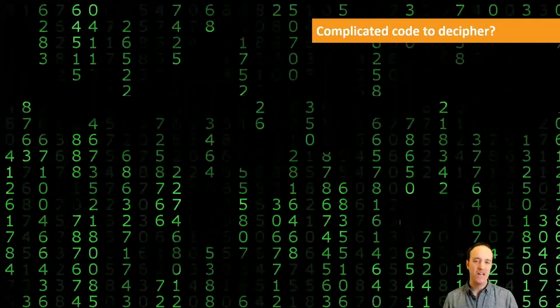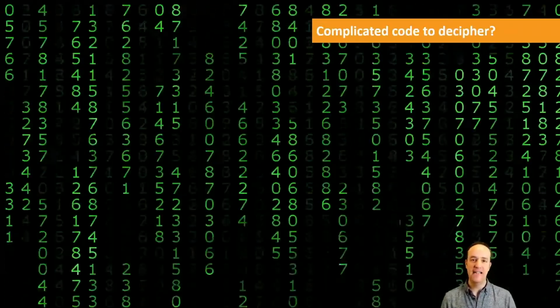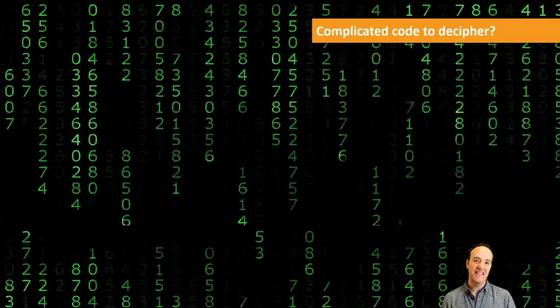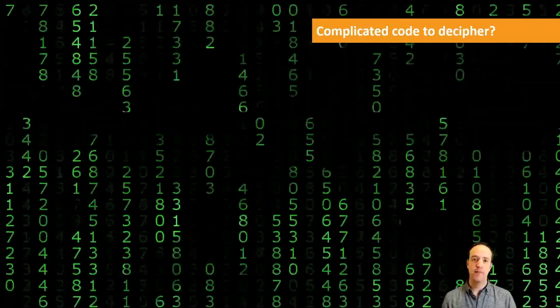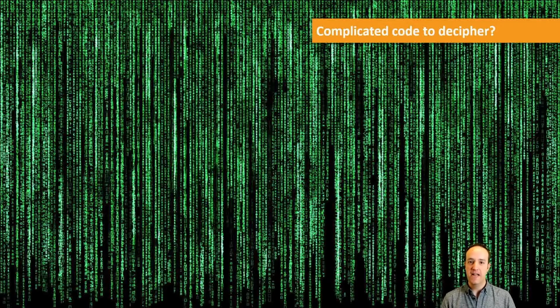But actually, if you strip it back, the general message behind it isn't all that complicated. It's actually not half as complicated as the backstory of the Matrix, for instance. And actually, if you did a bit of research into the Matrix code, it's a Japanese sushi cookbook. So it's not complicated at all when you strip it back to actually what it's trying to put across. Great film, by the way.